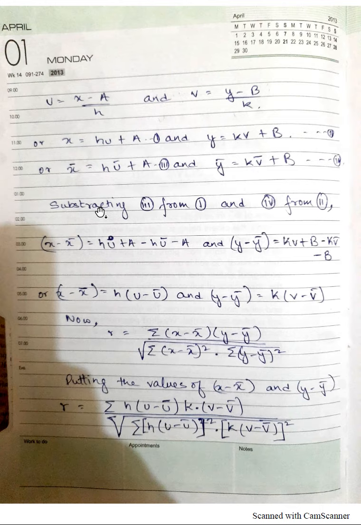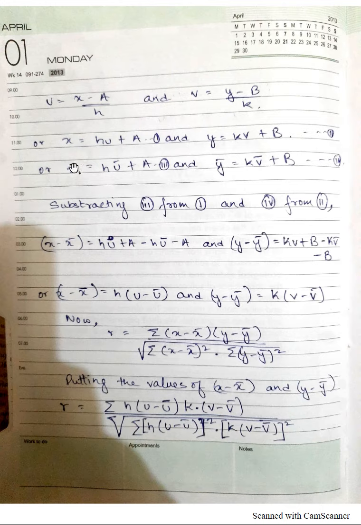So subtracting 3 from 1, we will subtract this from this, and 4 from 2, we will subtract this from this. X minus x bar will be equal to hu plus a minus hu bar minus a.